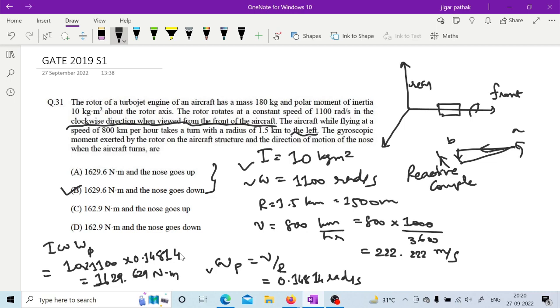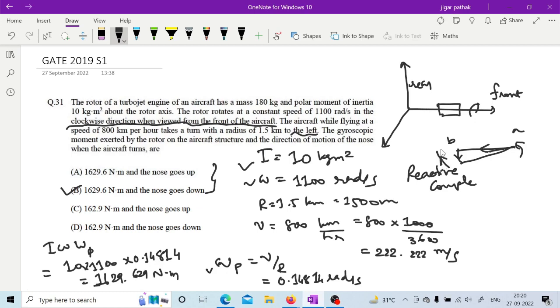Okay. ओके सर. So here this thing is clear, right, to everyone? This nose will go down because the reactive couple will try to lift this particular tail up, so the nose will go down, right?